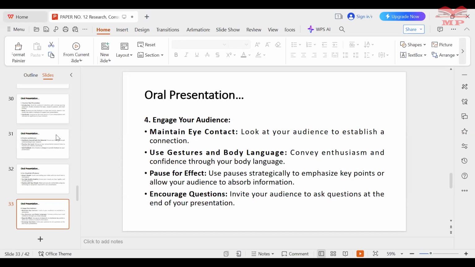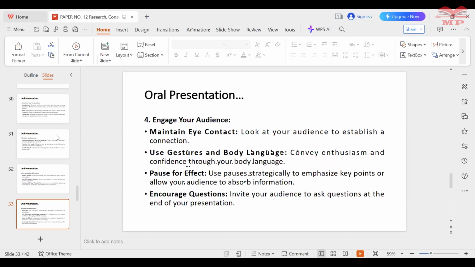So it is important that whoever is making an oral presentation, if the audience is there, maintains eye contact by looking at the audience to establish connection, using gestures and body language to convey enthusiasm, confidence, and using effective body language.